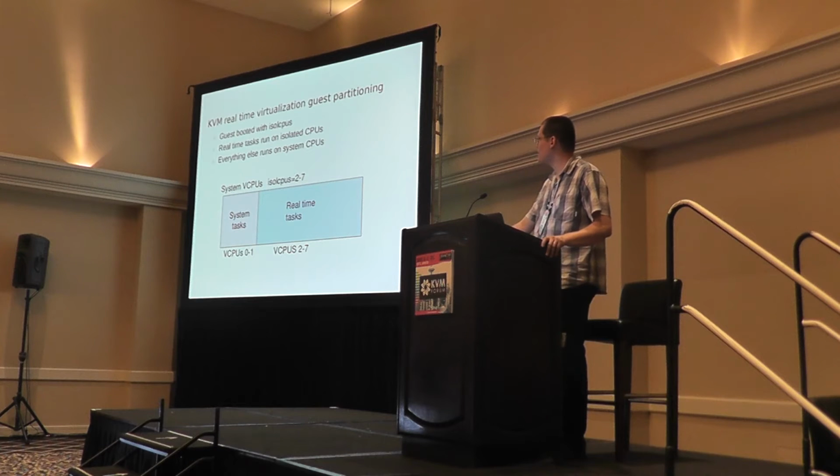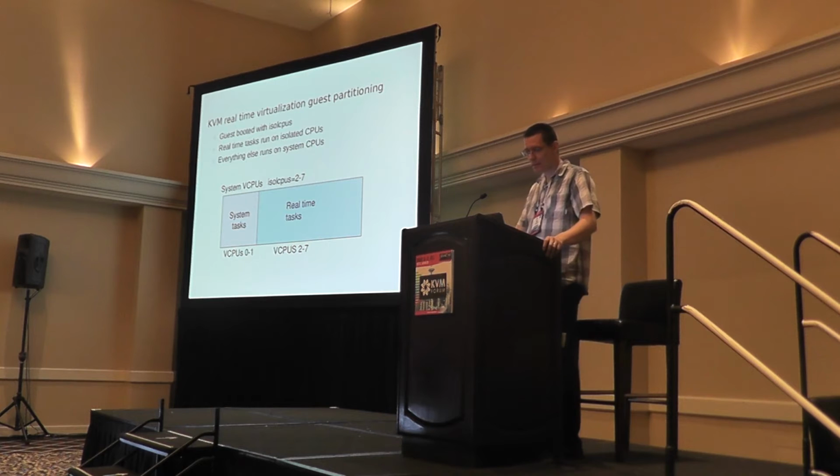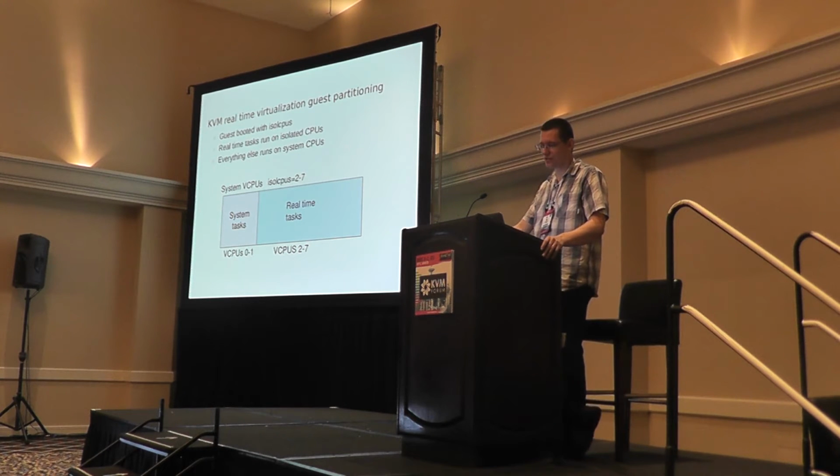And it looks very similar to what we did for the host. We boot the guest with isolated CPUs. The real-time tasks run on the real-time CPUs, and nothing else runs on those CPUs. Everything else is running on the system vCPUs.